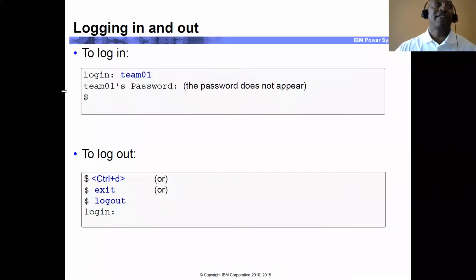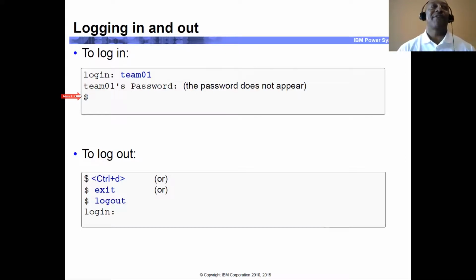Notice the prompt that an ordinary user has. Okay. Dollar sign, right? Pound symbol is typically what the root user or super user has by default. Ordinary users have the dollar sign by default.